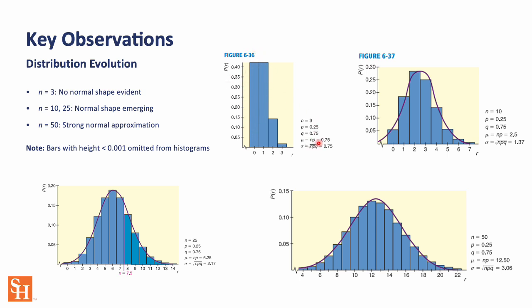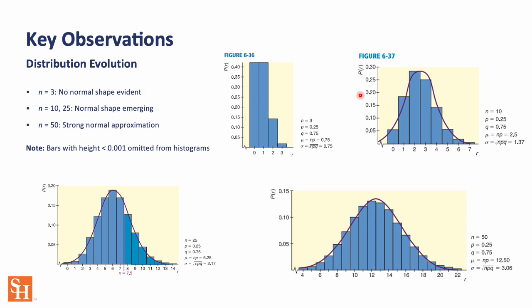All the other parameters here are the same, and the only thing that is different is n. Here n is 10, and now you see the distribution kind of looks like a normal distribution, right? And when n is 25, this distribution looks very much like a normal distribution. And when n equals 50, it looks like a perfectly symmetric normal distribution, right?